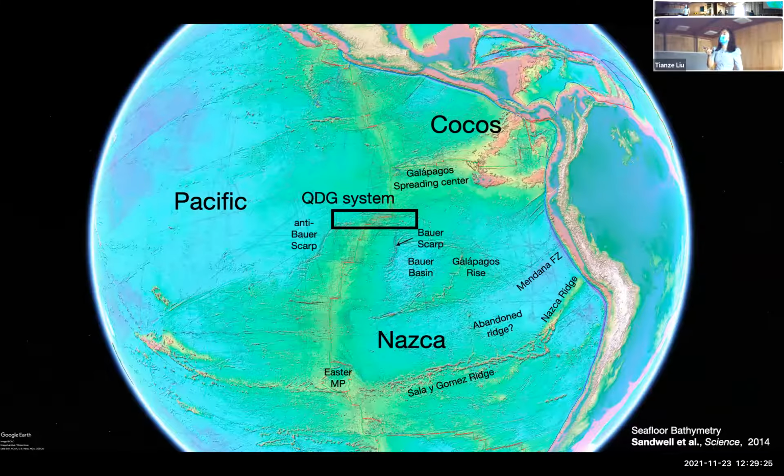So the QDG system is generated by the north propagation of the East Pacific Rise, and its geomorphology is related to the adjusting of the East Pacific Rise.